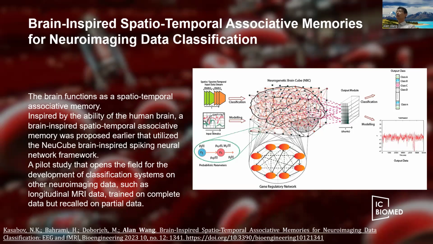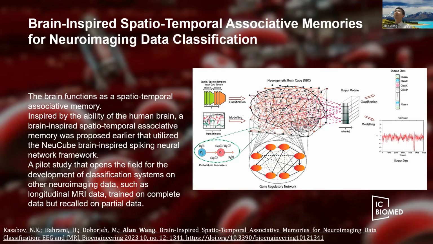This is another example of recent advanced methodologies to analyze the other neuroimaging modality, which is functional MRI or EEG, because this kind of data are temporal data. We call this spatial temporal data. There are a lot of time points, and each time point is three-dimensional data, so we call this kind of temporal spatial data.